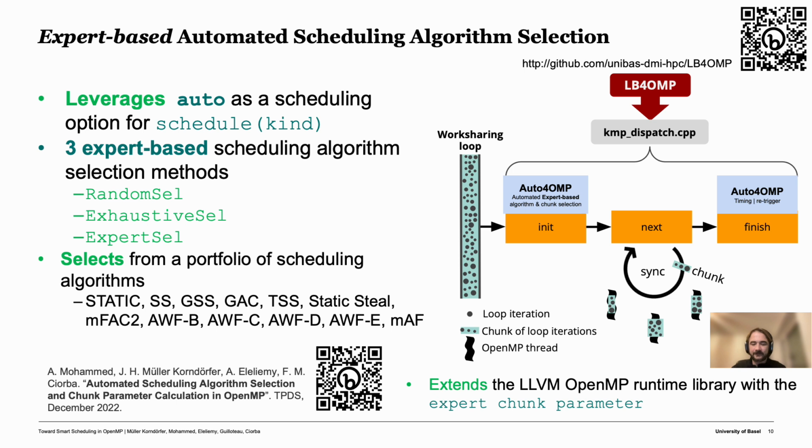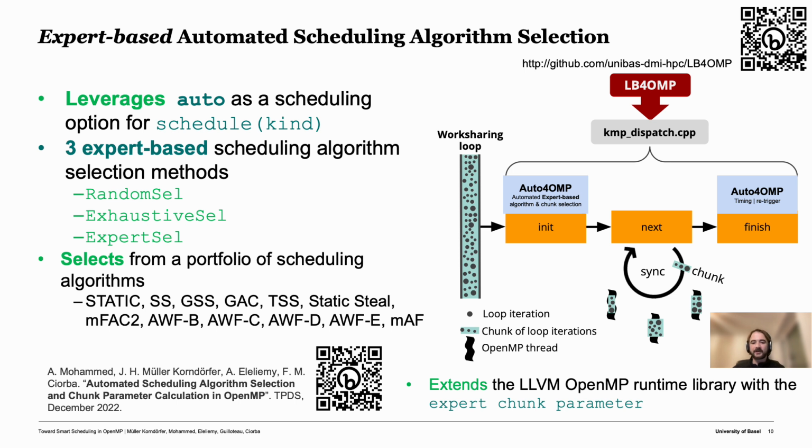And so the scheduling workflow inside LLVM follows an init function that initializes parameters, then a next function which keeps in a loop until all the iterations are consumed, and finally a finish function that cleans everything up, right?